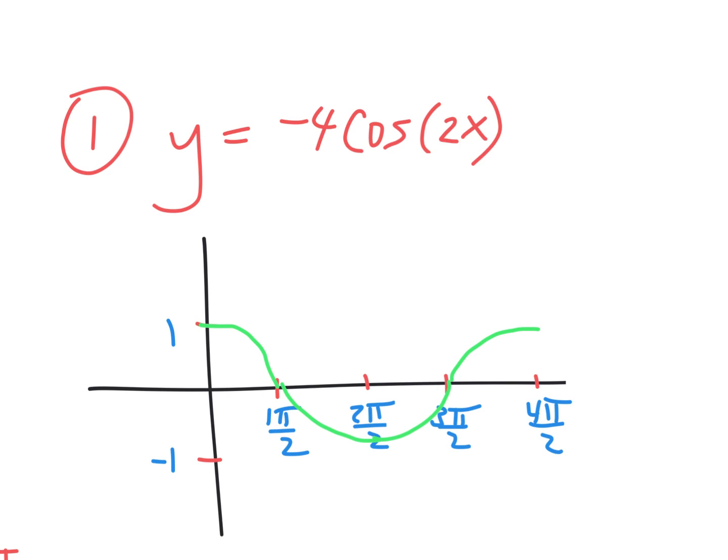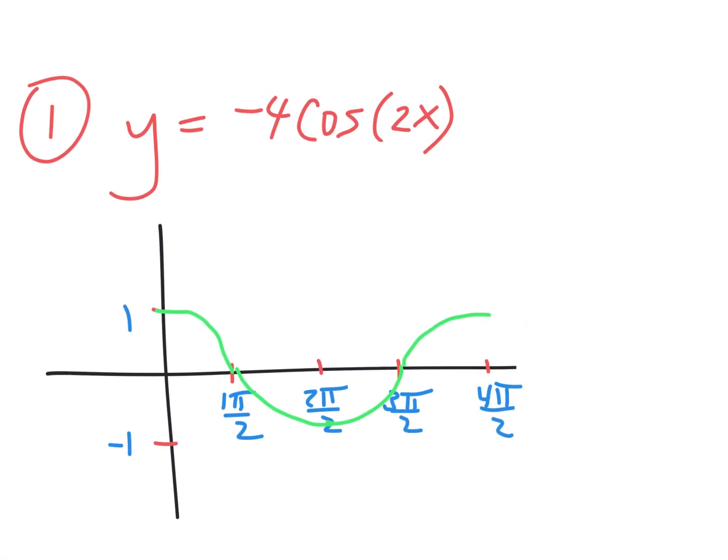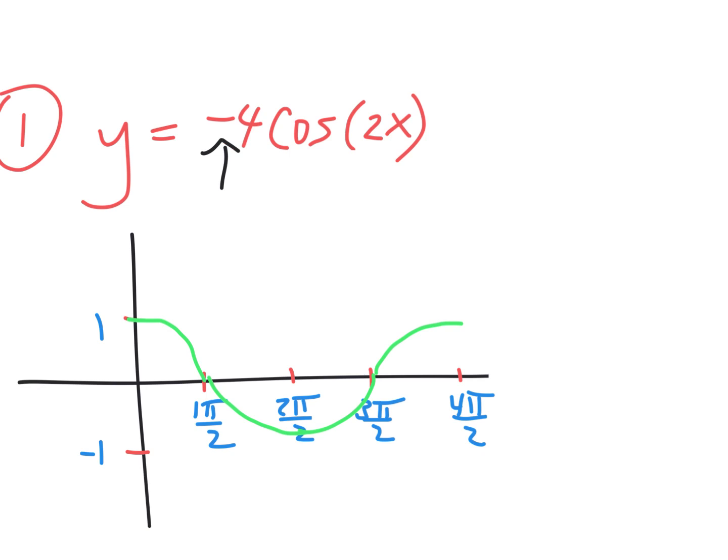There's regular cosine. This negative is going to make the whole graph reflect up and down, vertically reflect. That means it basically flips. So it's kind of like that. This 4 is just going to need to change some numbering. I'm not going to make you actually draw it 4 times as tall. It would go off the page. So just change the correct numbering. Put the 4 in the right spot.